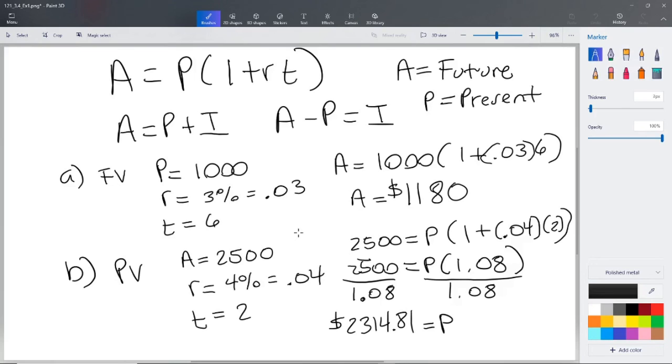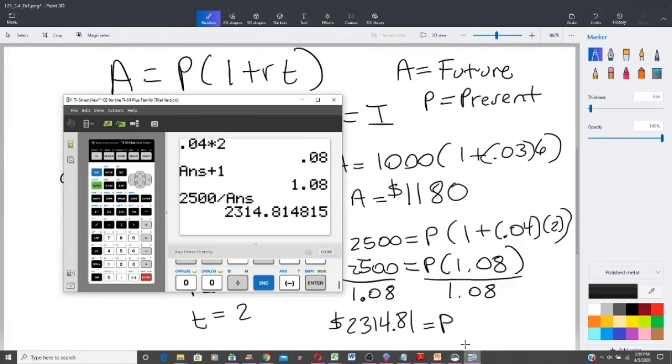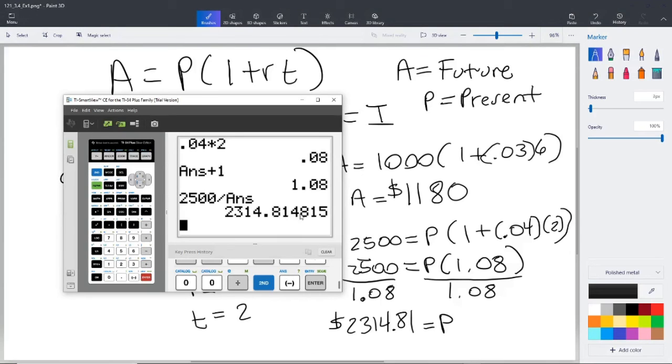So we come back over here and we say $2,314.81. Now your book says, if you look at the number again on our calculator, it's 81 cents and 4/10 of a penny, really. So they say you might as well be safe. Even though you aren't technically supposed to round this 1 to a 2 because of the 4, 4 is close enough, and you wouldn't want to be sitting there in 2 years with $2,499.99.